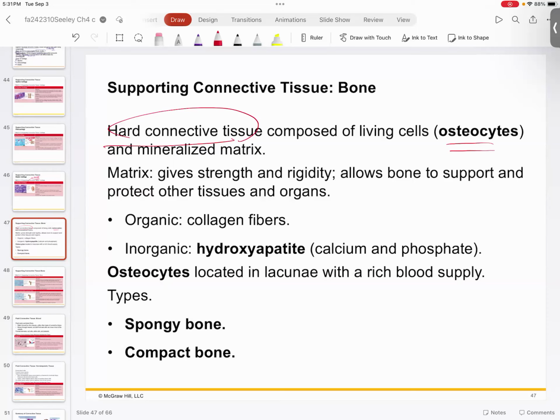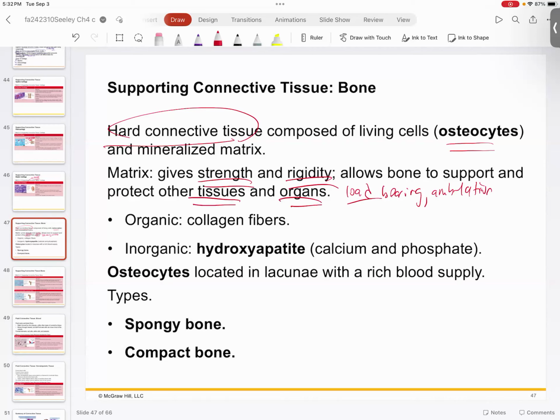And so the matrix here is designed to give you maximum strength and rigidity. And so you basically have load bearing, organ protection, ambulation, so your ability to move. You can protect your tissues, your brain, your organs, and things like that.